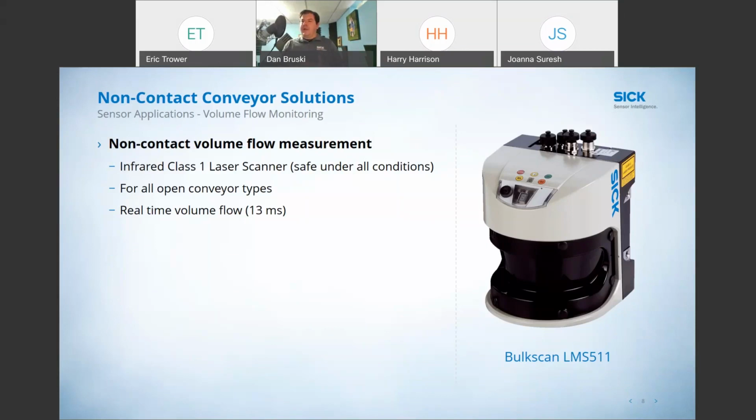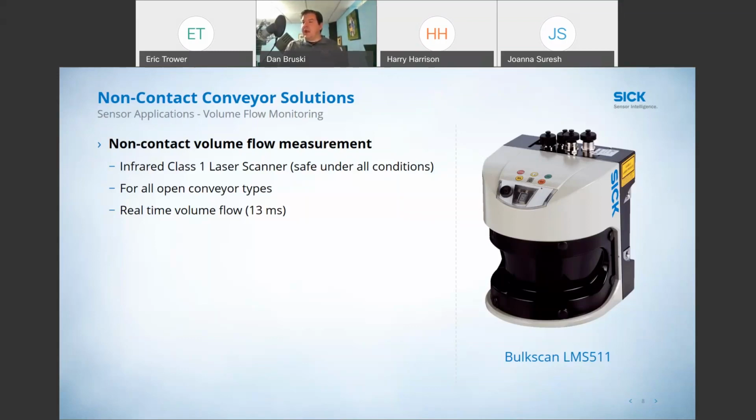So after having listened to conveyor belt operators and your needs, and because SICK is very experienced with optical measurement principles, many years ago SICK came up with a completely new approach to measurement: the infrared non-contact volume flow measurement device, the bulk scan, LMS 511. That's basically a class 1 LiDAR sensor, a laser ranging sensor.